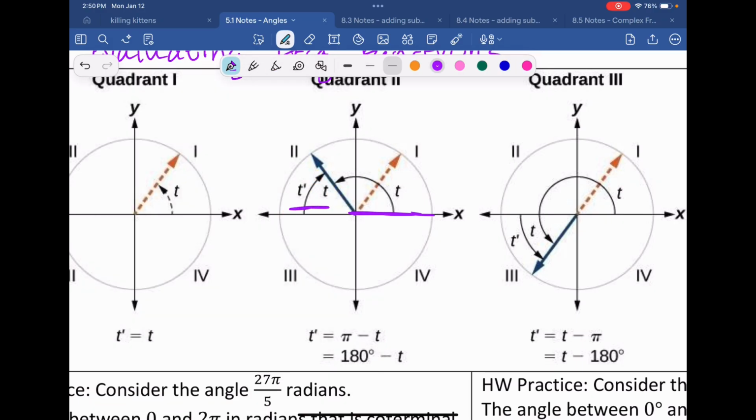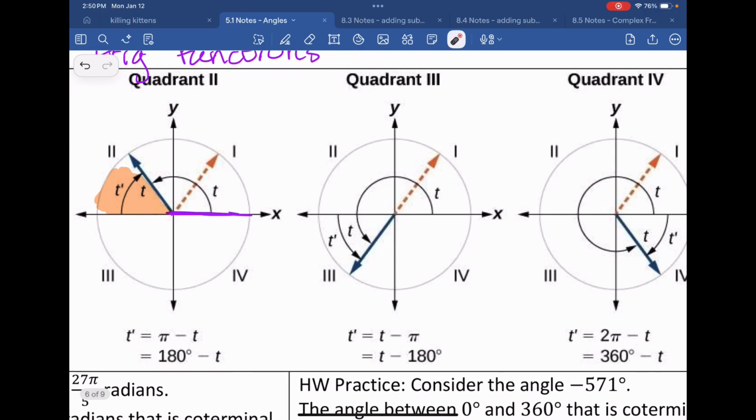So this is my reference angle. Okay, it's that acute angle in between terminal side, x-axis. All right, so mathematically, radians, it's pi minus your angle, degrees 180 minus your angle.